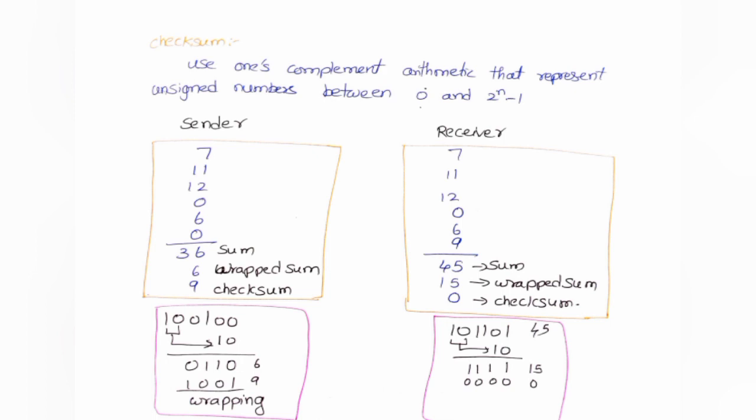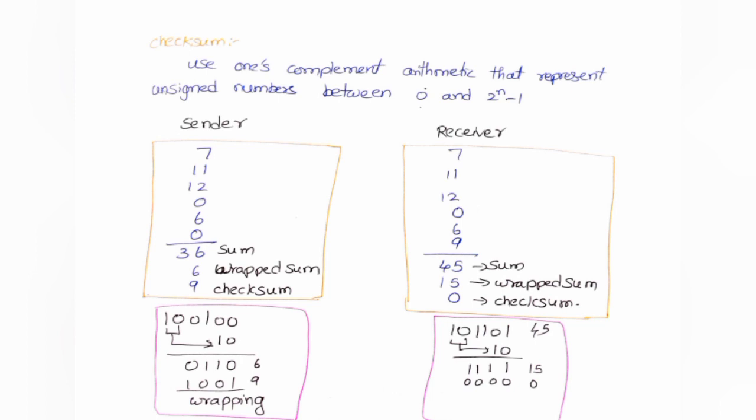We perform the sum of the original data along with the checksum, that is the 9, which is transferred from the sender. Now we will get 45 as the sum. Again we will perform the wrapping of the given sum. Wrapping means we take the leftmost 2 bits and perform the sum with the remaining binary bits.